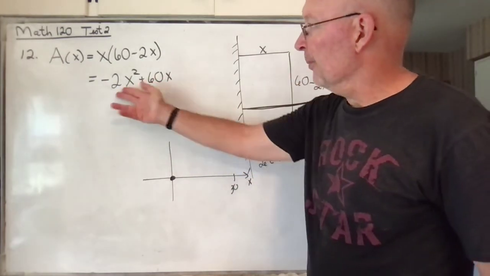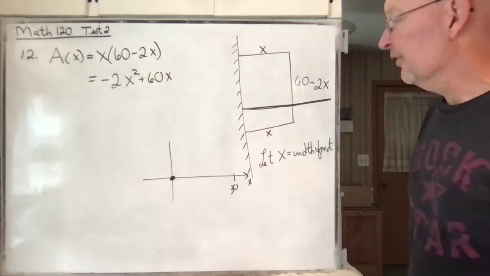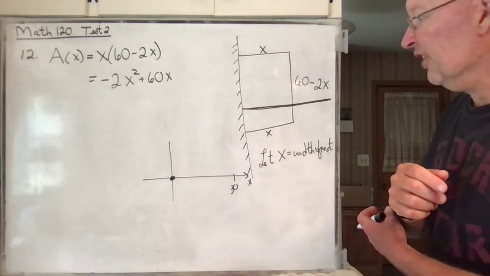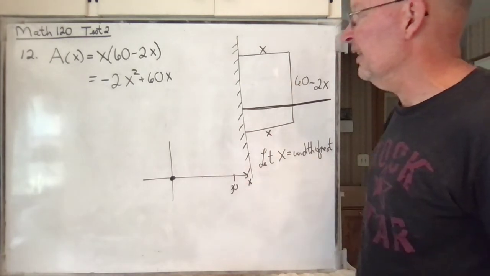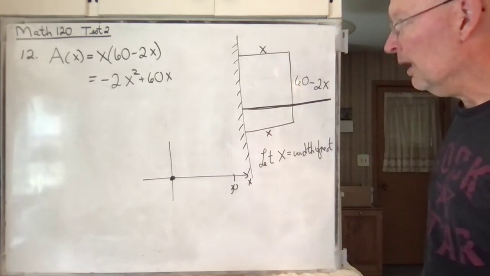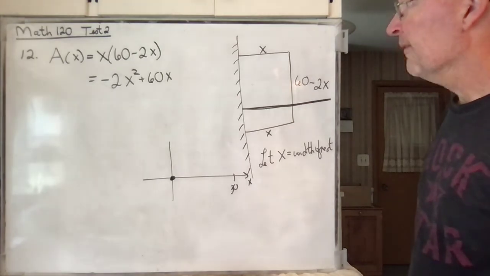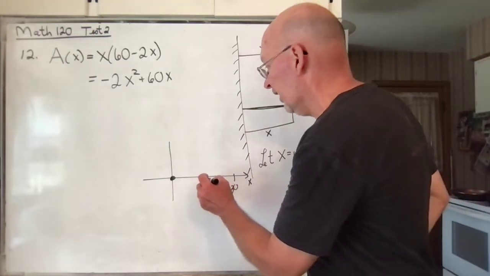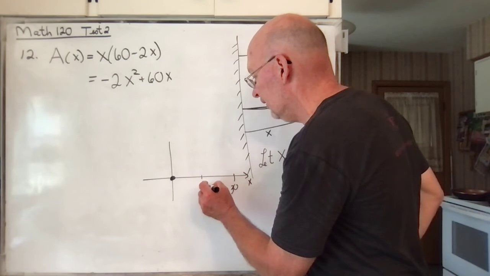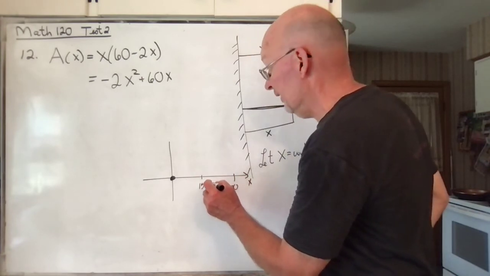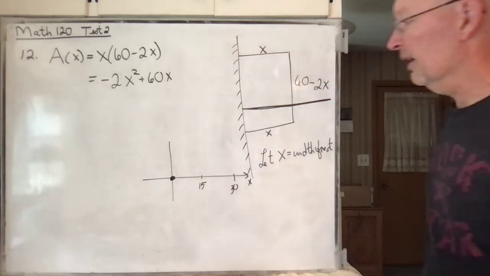You notice that it's a parabola, and so since it's a parabola, the vertex is going to be right halfway in between the intercepts there. And so the vertex is going to occur here at 15 feet, right there.